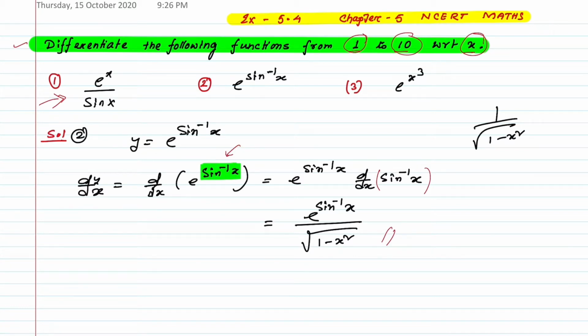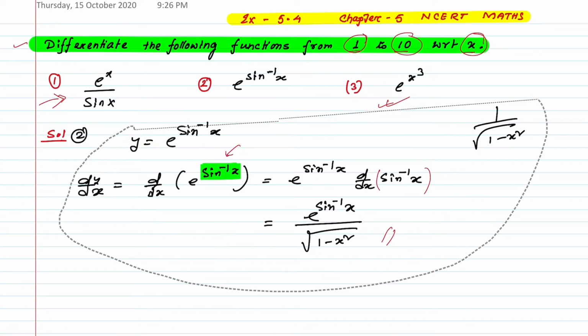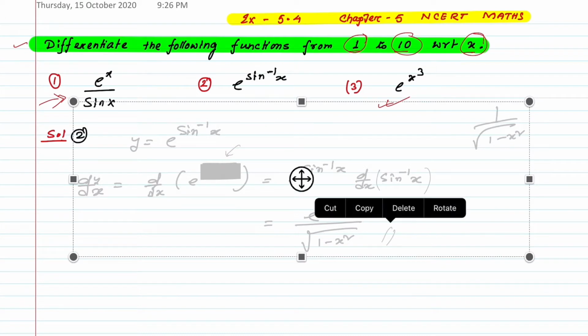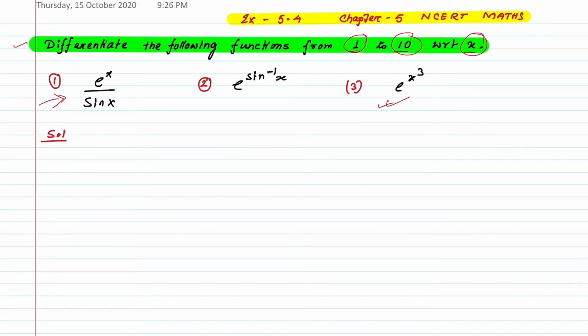Now let's move on to the next question, that is question number 3. Here is the function e to the power x to the power 3. Let me clean this first. Similarly, we can solve this one as well. Number 3, so y is equal to e to the power x to the power 3.